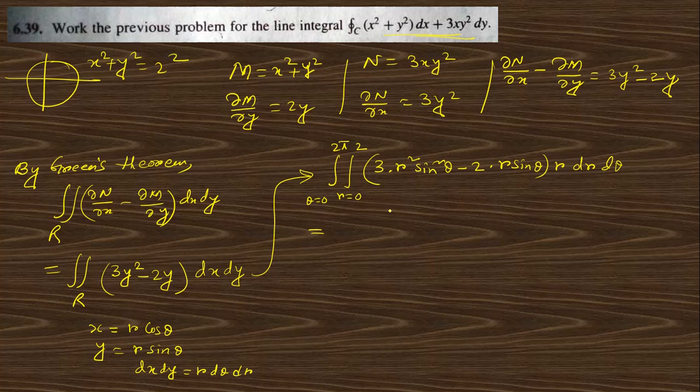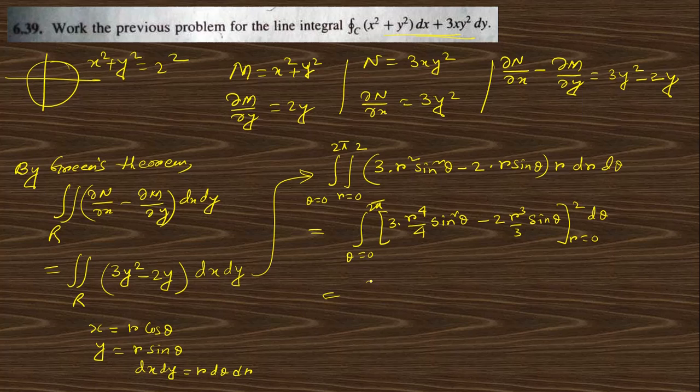Since r and theta are independent, we can integrate with respect to r first. If we multiply by this r, this becomes r cube. So the integral will be r to the power 4 by 4 sin square theta, and 2 r cube by 3 sin theta, where r is 0 to 2, into d theta, and theta is 0 to 2 pi.